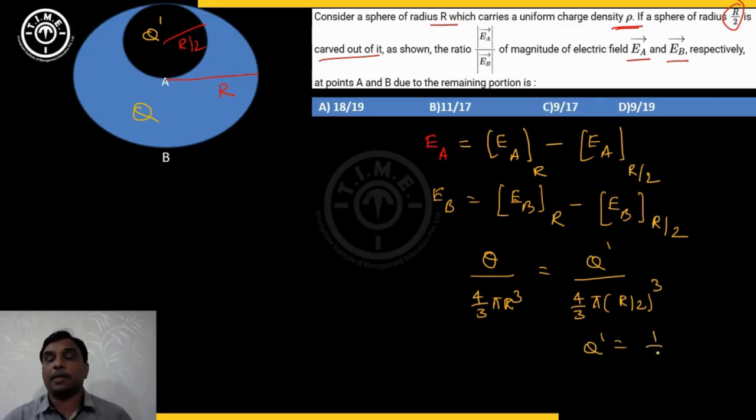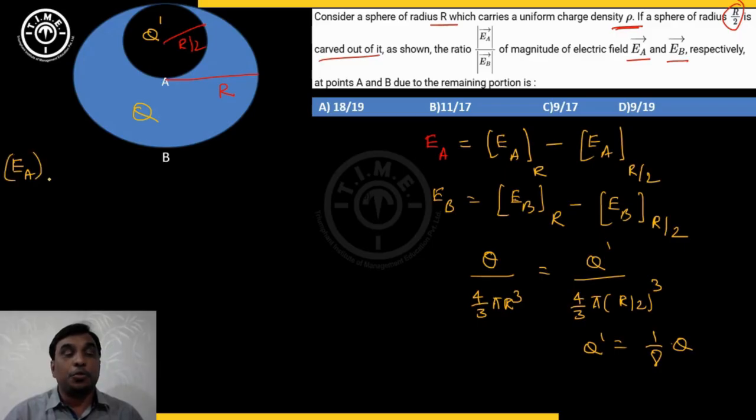Now look at electric field. Now I am talking about this portion. Electric field at A due to the sphere of radius r. A is the center. Charge density is also given, so it is a uniformly charged sphere. Obviously point A is at the center, so that is 0.